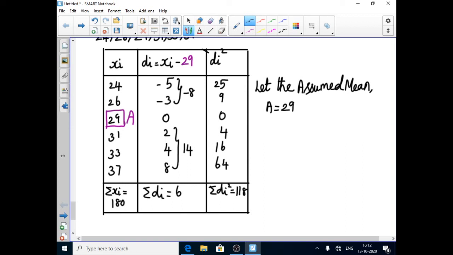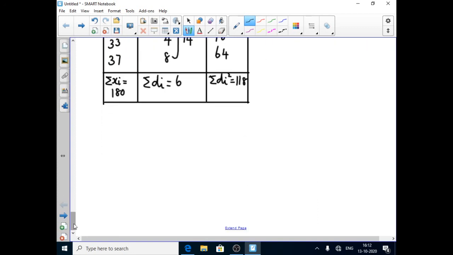Now we have to find the mean and standard deviation. Mean x bar is equal to sigma xi by n.